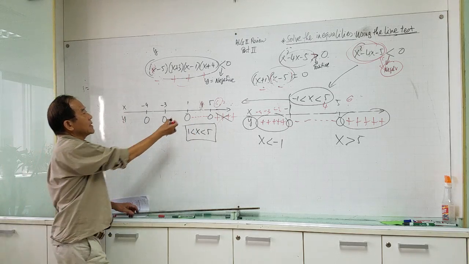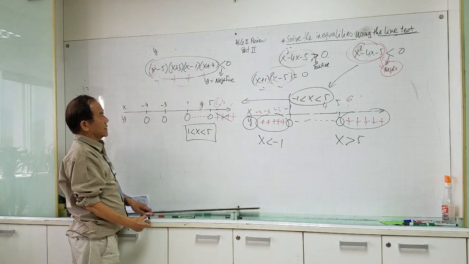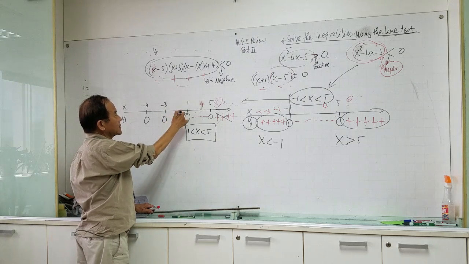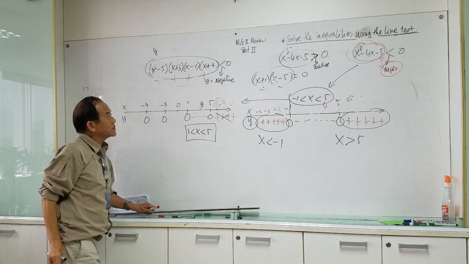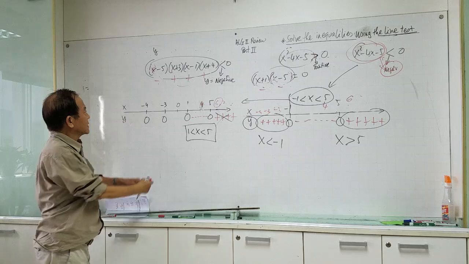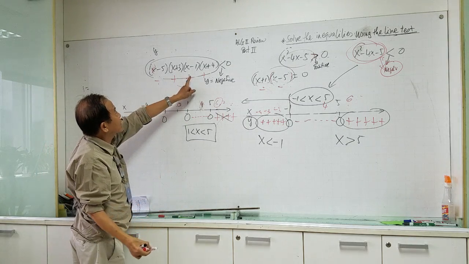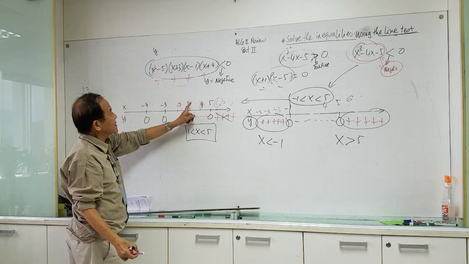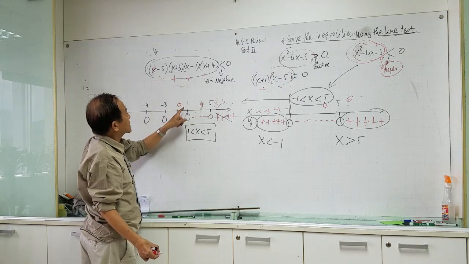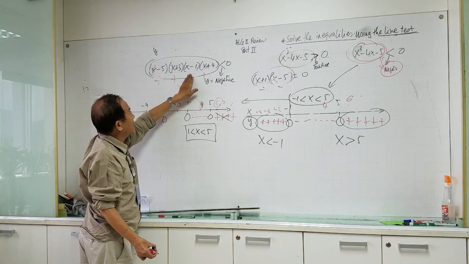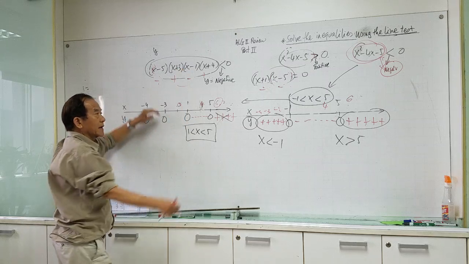Now I jump to the next interval, between negative 3 and 1. So let's put 0. 0 is between negative 3 and 1, right? You see what happened? If I put 0 here, it changes right there, because this one bigger than 1 is positive, but 0 less than 1 is negative.